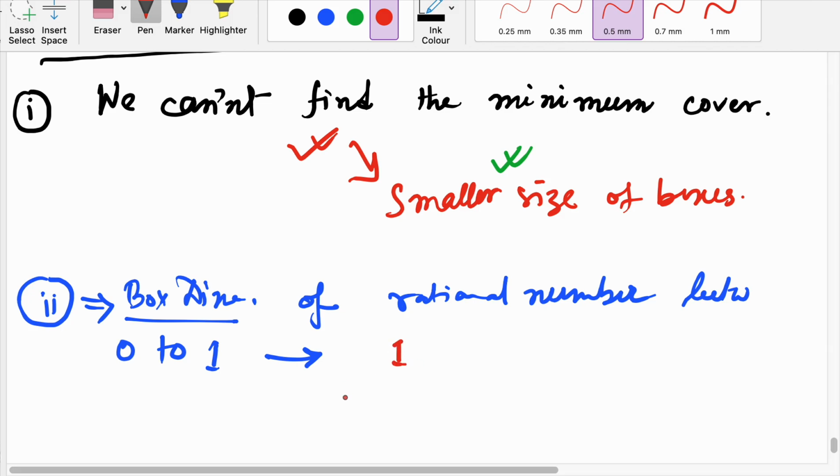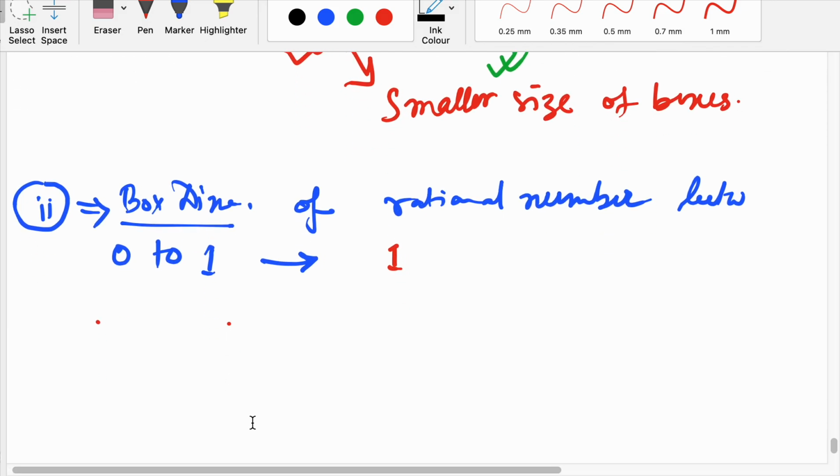But this is not true, because we know that if the dimension is 1, in between 0 to 1 there should be uncountably many numbers, uncountably infinite numbers should be there. That's why we can say this set is continuous and its dimension is 1.